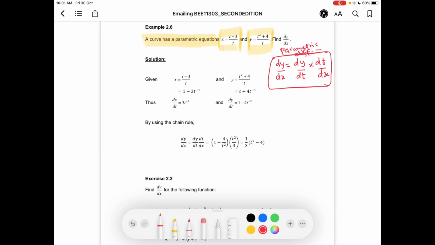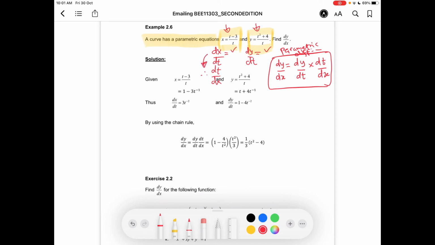Now you already have the x function and y function, so if you differentiate x, you will get dx over dt, and if you differentiate y, you will get dy over dt. When you're done finding dx over dt and dy over dt, don't forget to change dx over dt to become dt over dx.